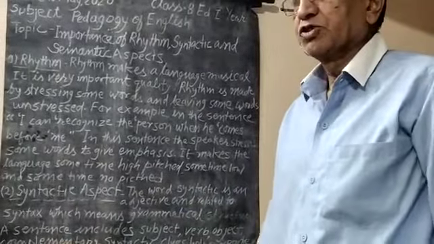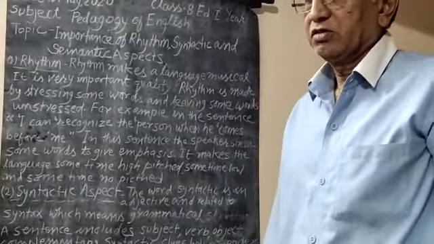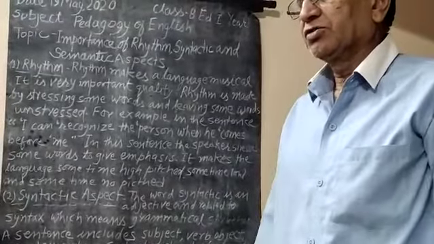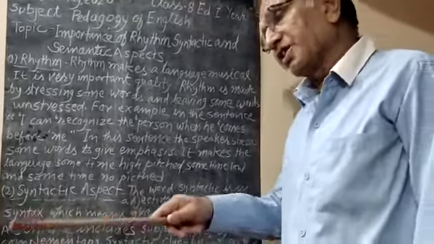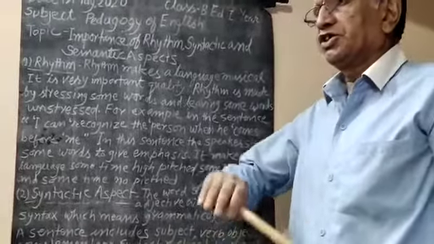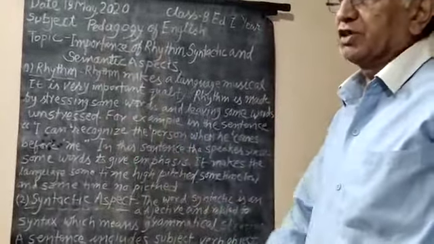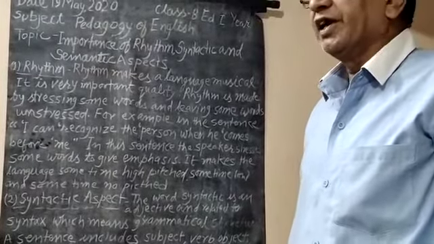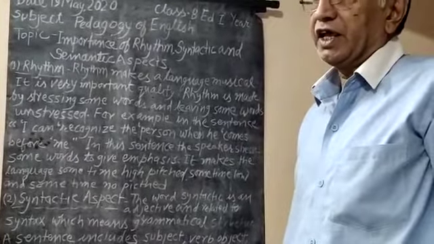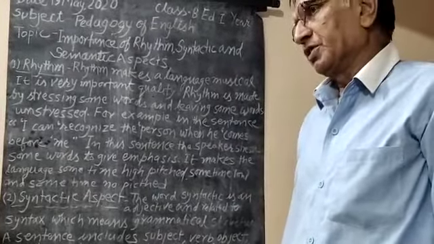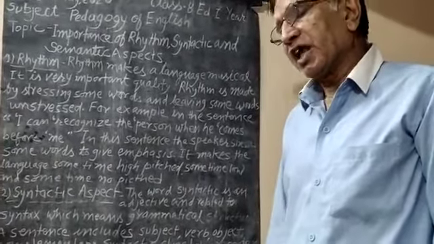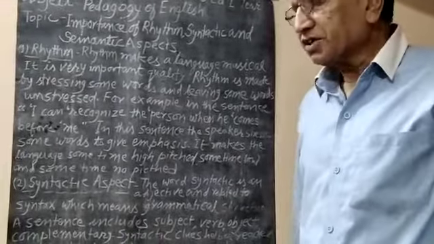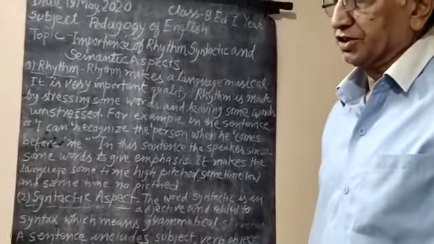जोड़ देना, कुछ जोर से बोलना, स्ट्रेस करना. तो स्ट्रेस करना और स्ट्रेस न करना, इससे एक रिदम बनता है, लैंग्वेज को रिदम बनता है. And in this way English is a rhythmic language due to the stressed and unstressed words.